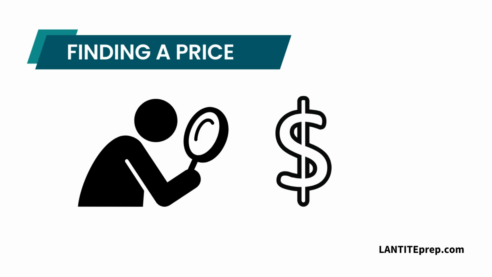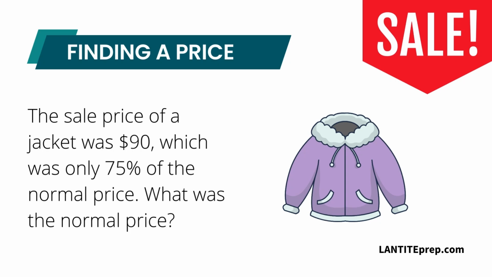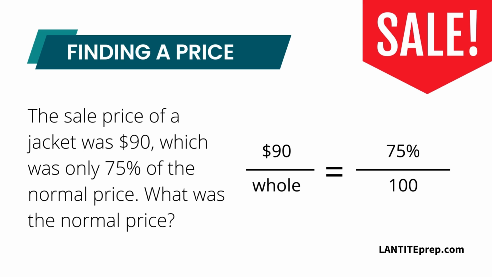Moving on, note that your LANTITE exam also covers money. Let's refresh your skills on sales price to help you get totally prepared for test day. Starting with the example that reads, the sale price of a jacket was $90, which was only 75% of the normal price. What was the normal price? Start by filling in what we know.